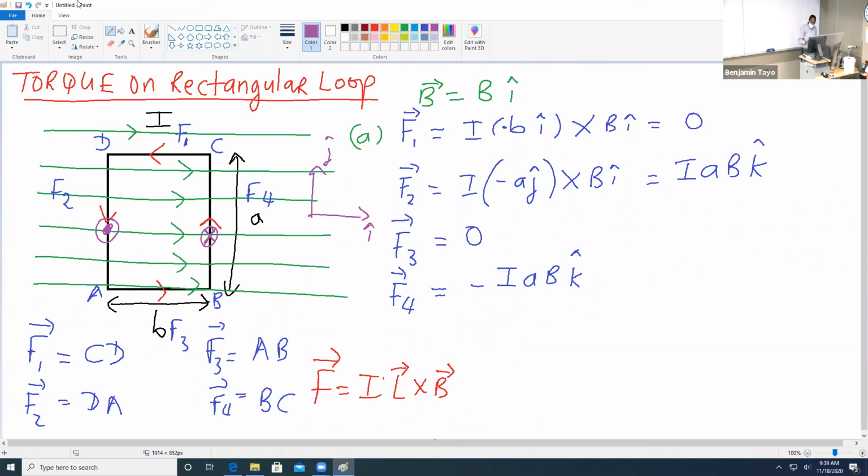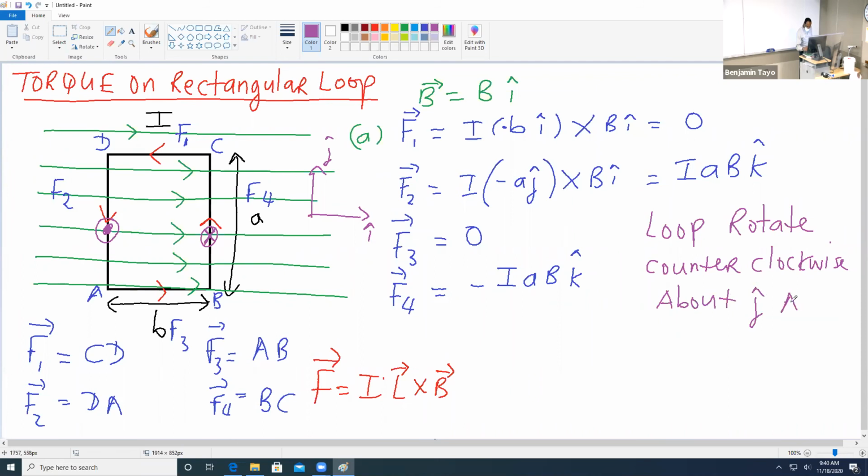As I'm going to show you here, what I want to prove to you is that this loop is going to rotate counterclockwise about the J hat axis.